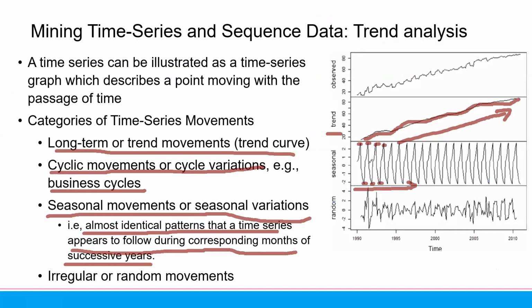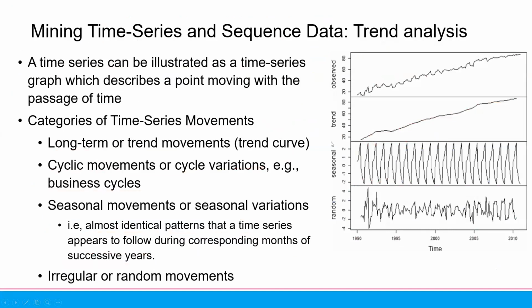We have a pattern that we can know: sometimes it goes up, sometimes it goes down, and then it will recur. So every summer it goes up, every winter it goes down, and so on. Irregular or random movement means we do not see any patterns. The patterns are not clear, so we call this random or irregular.